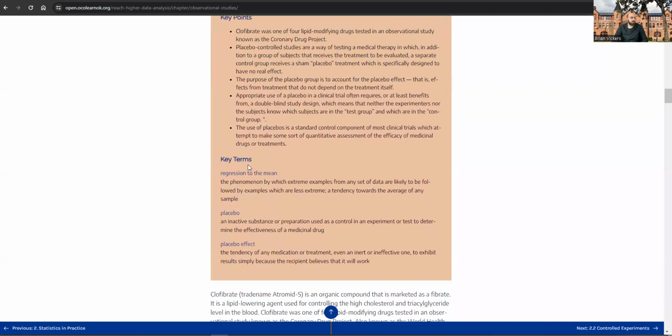So some key terms to know as we go into that: a placebo is just any inactive substance. It might be sugar water or something to that effect, where you're not giving them an actual drug.